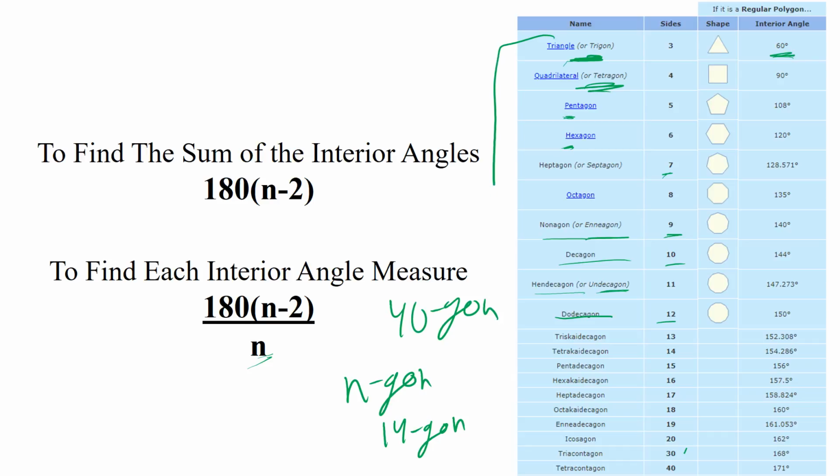But do keep in mind at least the first 10, because those are fairly common, so those will typically be shown as octagon, nonagon, decagon, as opposed to 10-gon. So make sure you at least understand some of those. But like I said, once you get past 10, a lot of times you'll see it like this, where it's just the number gon. It makes it a bit easier for everybody.